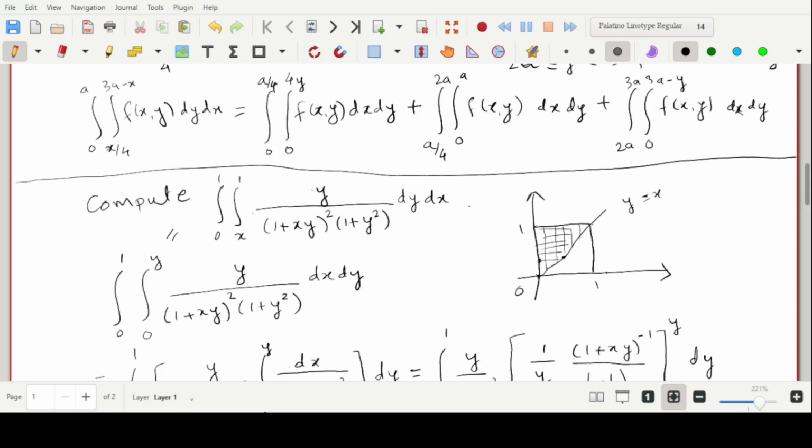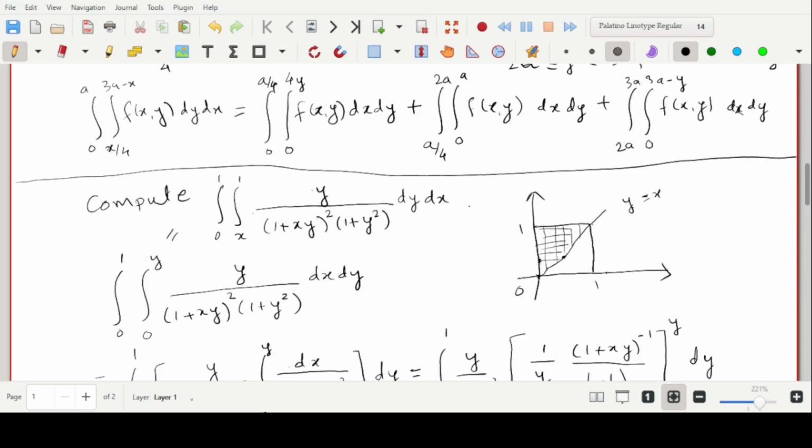If you see that integrating with respect to a specific variable is easier than the other variable, then always integrate with respect to that variable first, and then think of integrating with respect to the second variable.